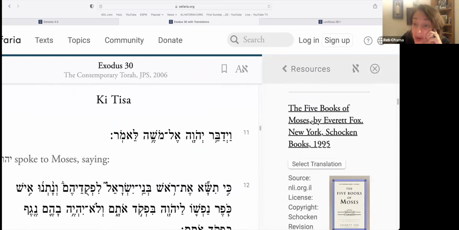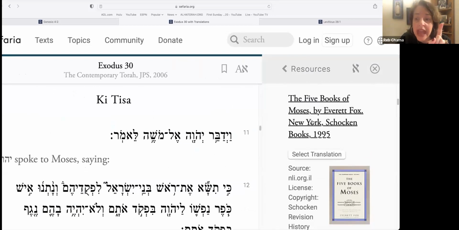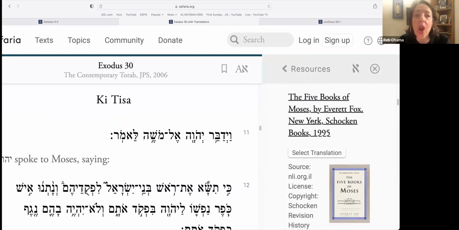Oh, The 5 Books of Moses by Everett Fox, one of the best translations out there. Everett Fox is not Jewish, he's a scholar. He wants to translate it from the point of view of its poetic truth.